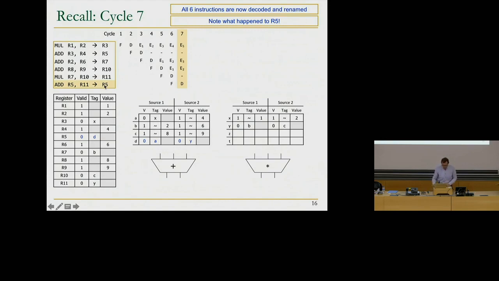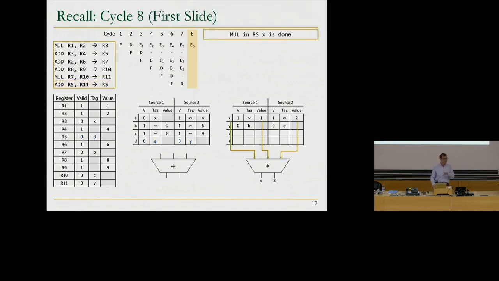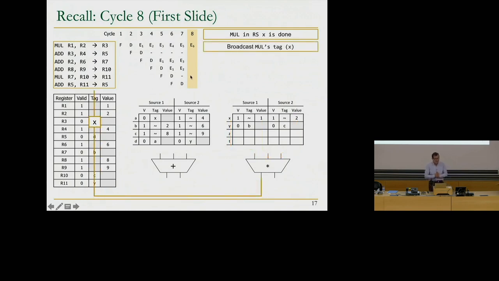Okay. So cycle 8 was the interesting cycle. This is where we ended. This was really the interesting cycle where this instruction finished execution, as you can see over here, and also some other instruction finished execution. Let's take a look at this instruction. So when this instruction finishes execution, after 6 cycles, as you can see, it broadcasts its tag, X. As you can see, this will hopefully animate.